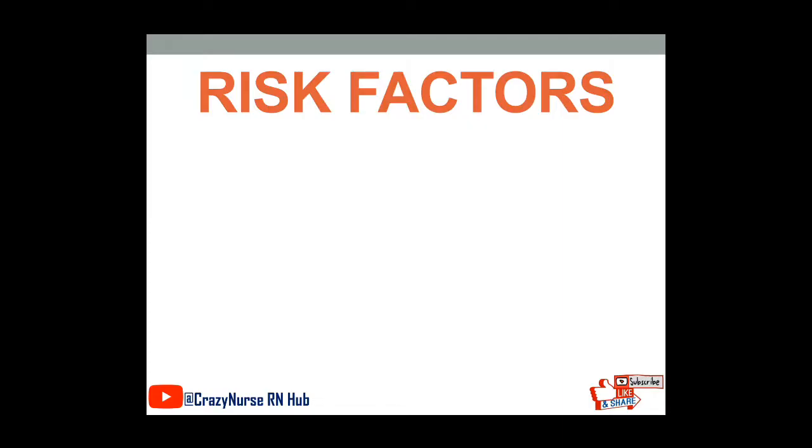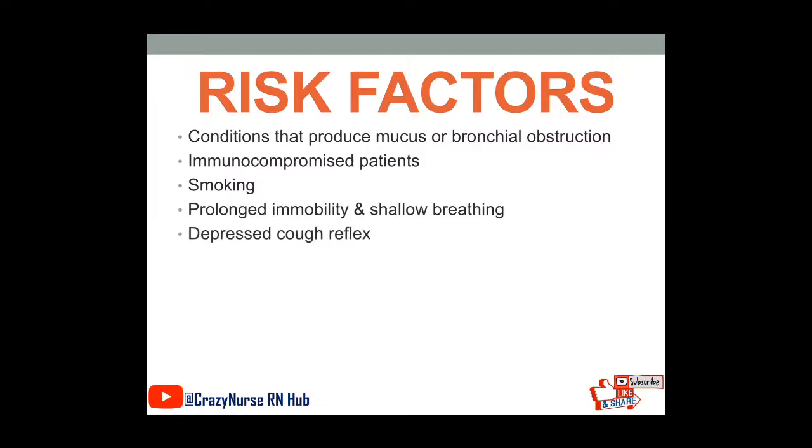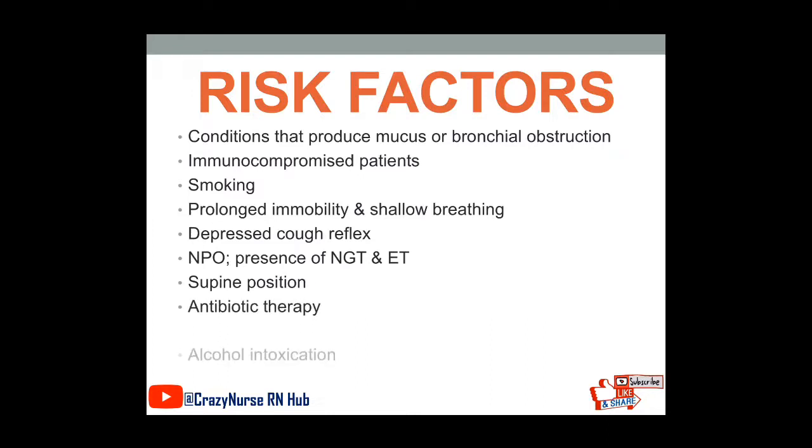For the risk factors of your aspiration pneumonia, we have conditions that produce mucus or bronchial obstruction, immunocompromised patients such as with HIV or immune disorders, smoking, prolonged immobility and shallow breathing, depressed cough reflex, nothing per orem, NPO, or the presence of nasogastric tube and endotracheal tube, supine position, antibiotic therapy, alcohol intoxication, anesthesia, and old age.